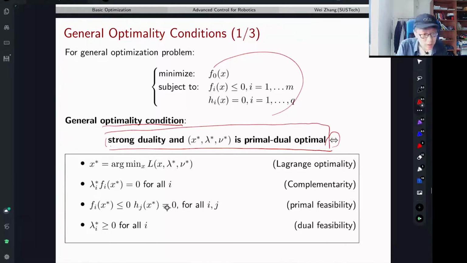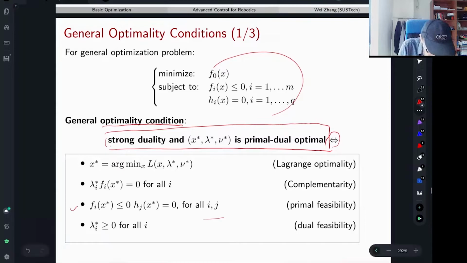These two are pretty easy to understand. If x star solves the primal problem, it has to be feasible, right? That only states the feasibility. And if lambda, nu solve the dual problem, they have to be dual feasible, which means the multipliers associated with the inequality constraints have to be greater than or equal to 0.